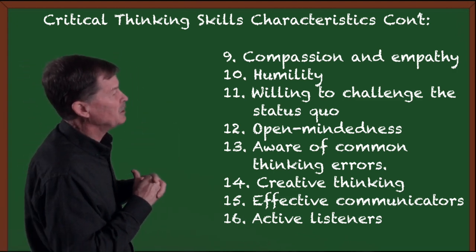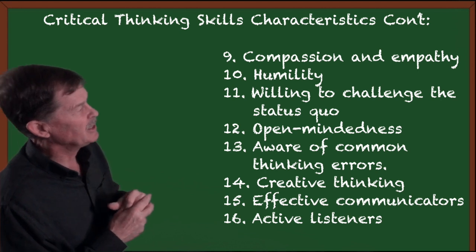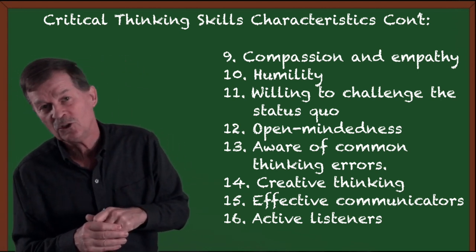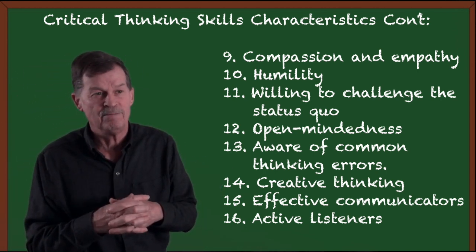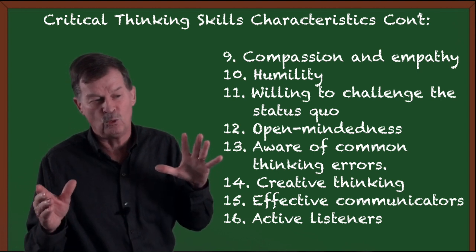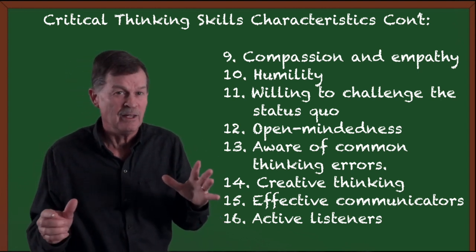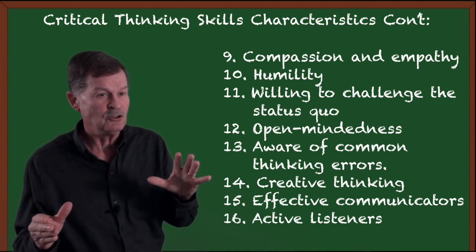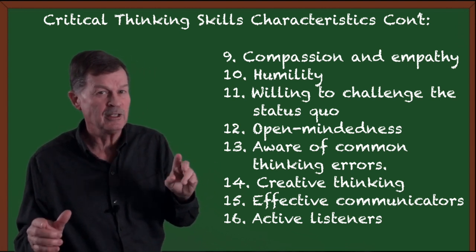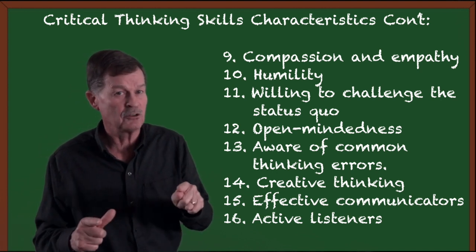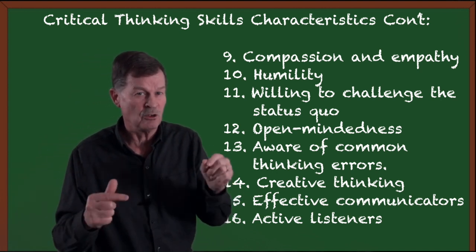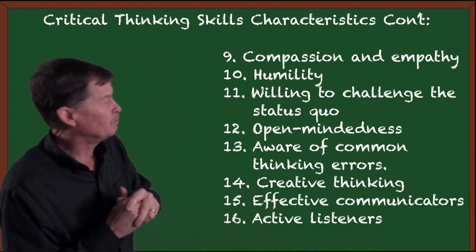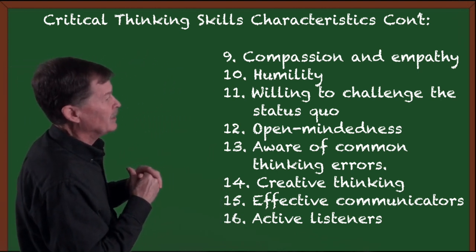Number 13, aware of common thinking errors. You must recognize that there are errors in thinking, and you should be open to recognizing your own thinking errors as well as the errors of those that are publishing the information.